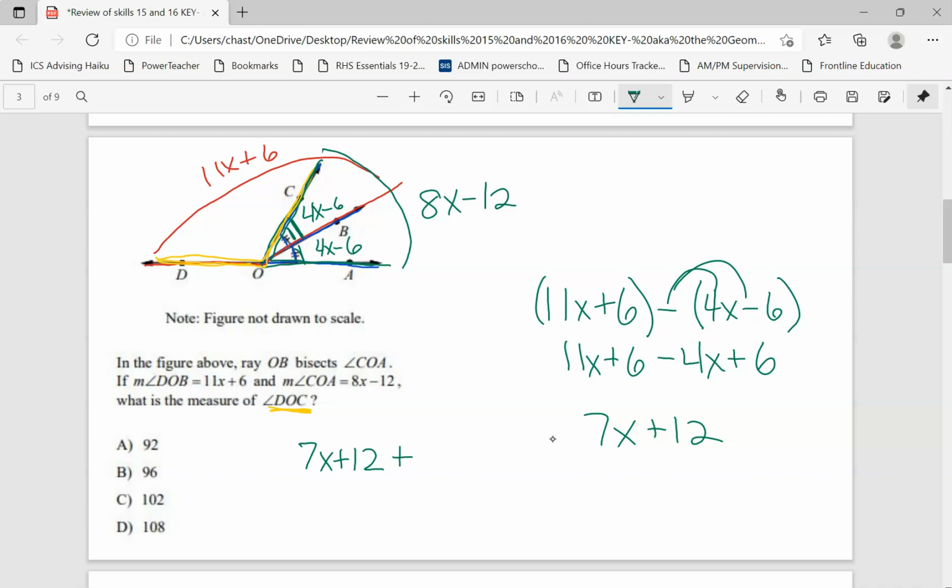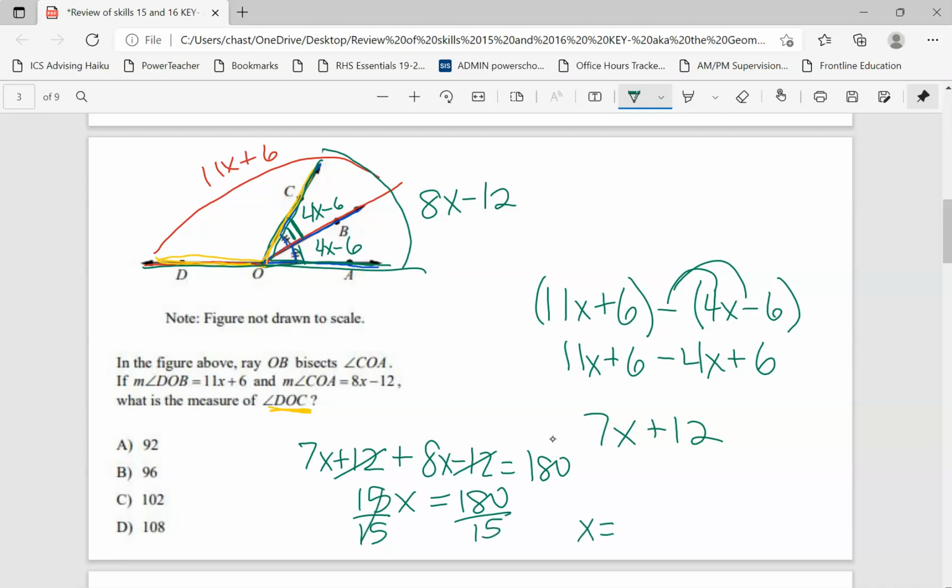And if we add that to the 8x minus 12, those should make a straight line, 180 degrees. 7x plus 8x is 15x. Plus 12 minus 12, those cancel out. We're going to divide by 15.